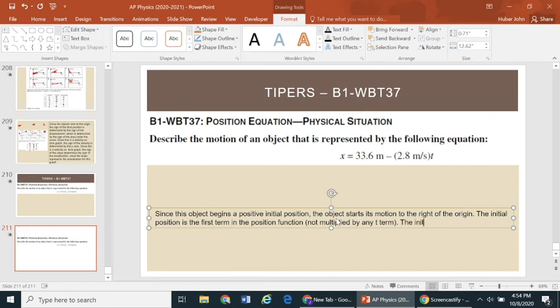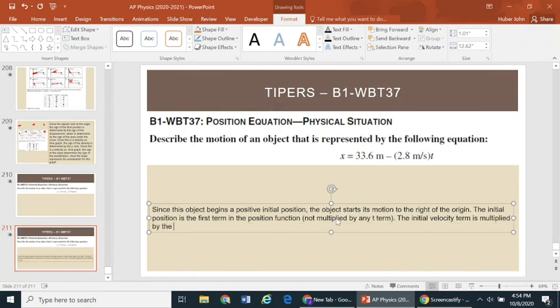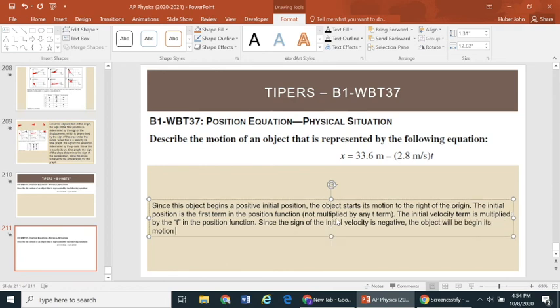We can say the initial velocity term is multiplied by the t in the position function. And what we can say is, since the sign of the initial velocity is negative, the object will begin its motion by moving to the left.